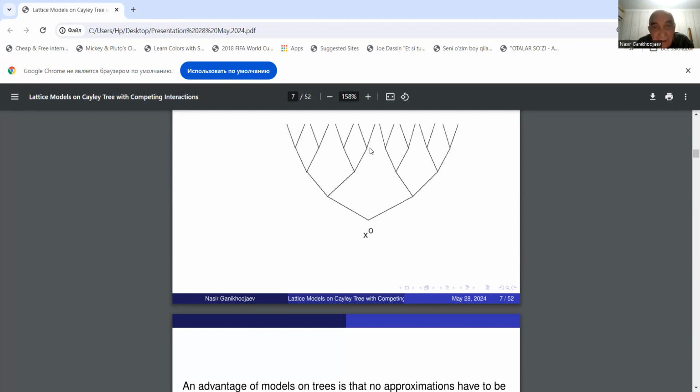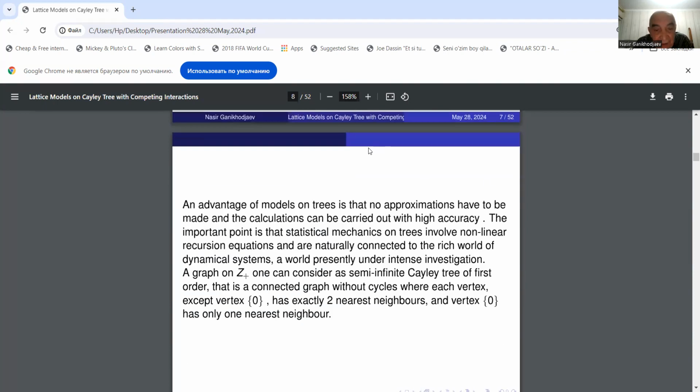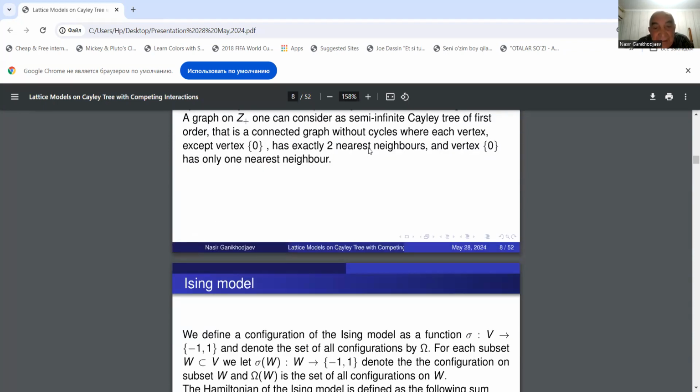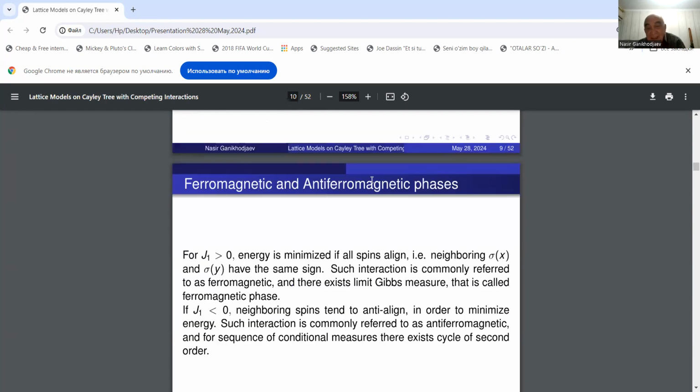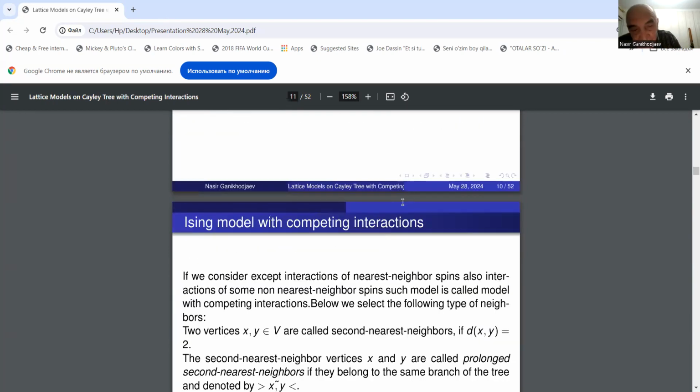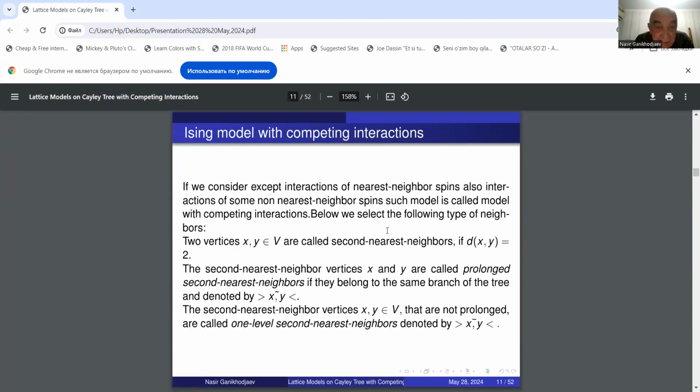For this reason, I call this one-level second neighbors. The phase diagram of these models will essentially depend on which type of second nearest neighbor we are considering. So we have two types: prolonged, if they both belong to the same branch, and in the opposite case, one-level second nearest neighbors, denoted like this.